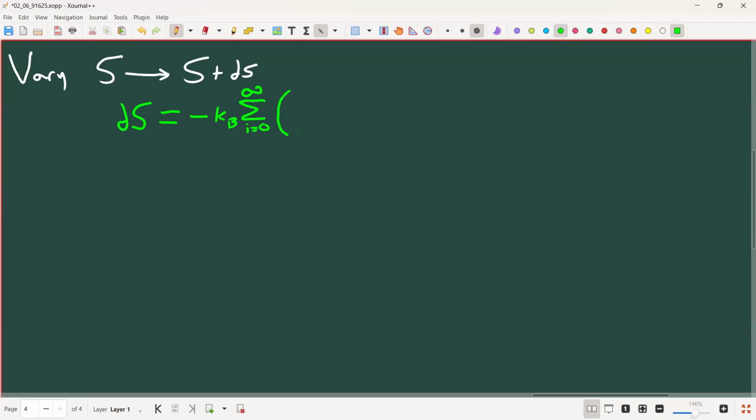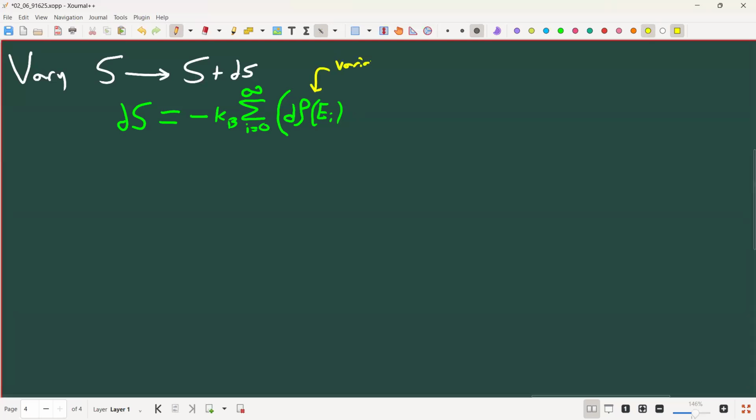We got kind of a big nasty equation, but we'll simplify it. It's times the change in the probability of the given energy E sub i. That's the variance, how the probability changes as S changes. So this is the variation in the probability.